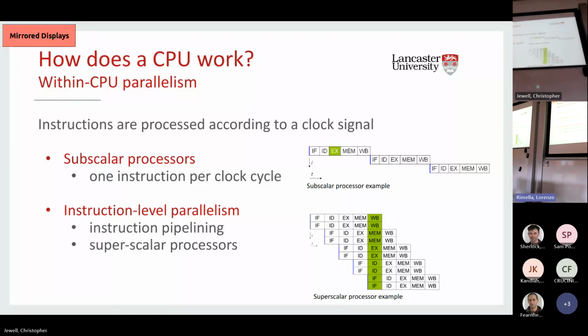Well, it turns out that there's this idea called instruction pipelining, where the bits of the CPU that do the instruction fetch, the decode, the execution, fetching memory from registers, etc., are kind of serial, but there's no reason why they have to be serial.